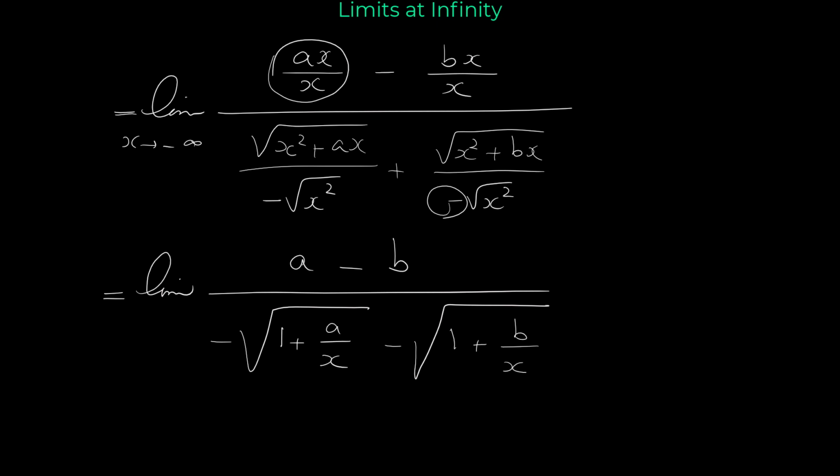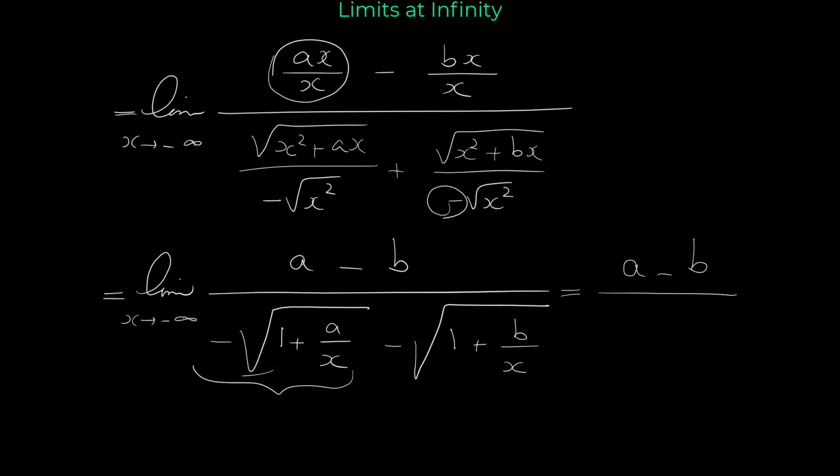And x approaches negative infinity. Because x goes to infinity, the limit of a over x and the limit of b over x is 0. So the numerator limit equals a minus b.